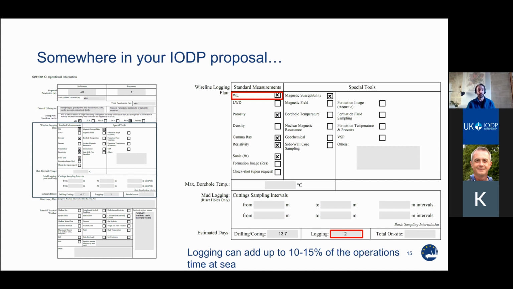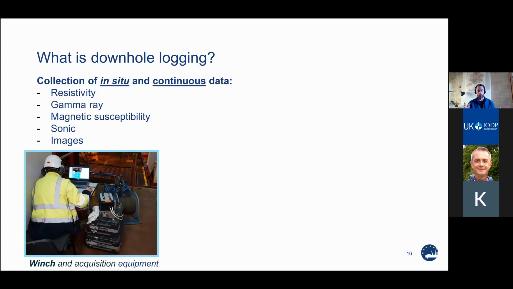So what is downhole logging? So it's the collection of in situ and continuous data. Like for physical properties on the core, we will collect very similar data, including the formation resistivity, gamma ray, magnetic susceptibility, acoustic velocities in the formation, and we can also have images downhole. So on the left picture here, you have a logging engineer looking at real-time data during logging operation.